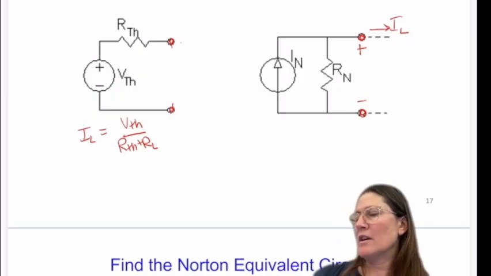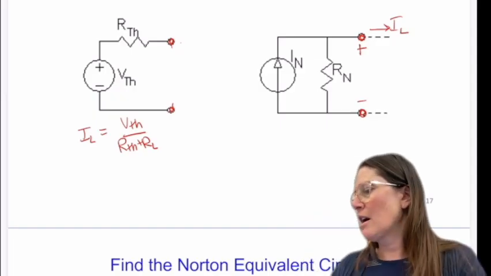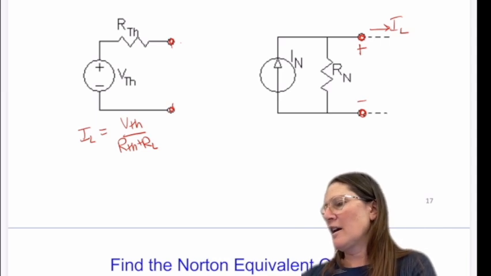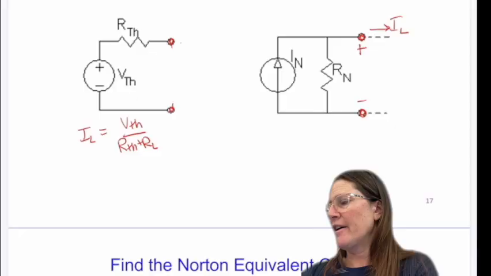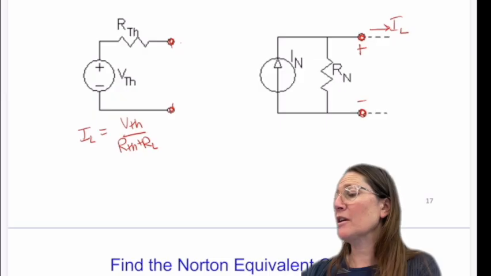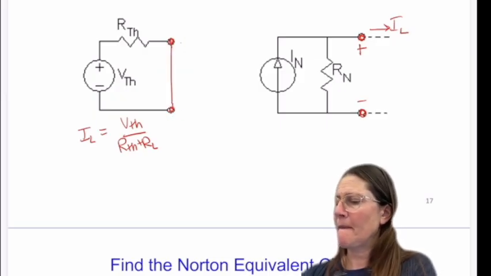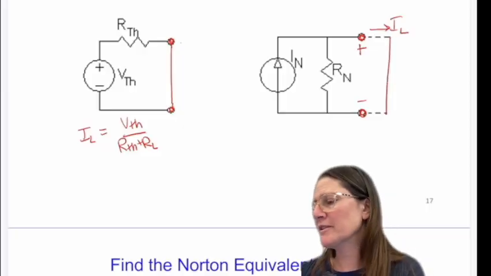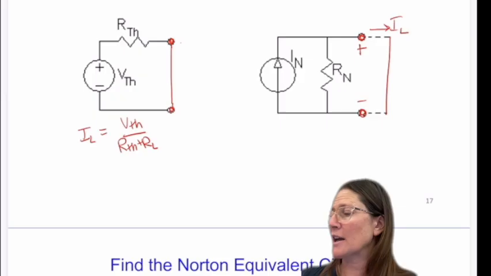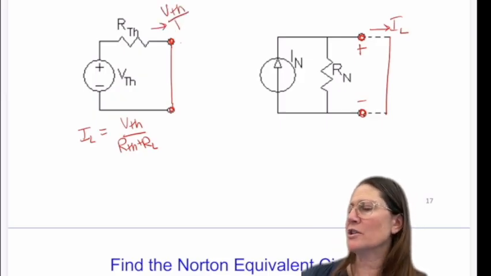And if these were open, IN, well here, and if I shorted these, I think this might be easiest to see. So if I short these, then I can see the IL will be IN. And here it's going to be VTH over RTH.